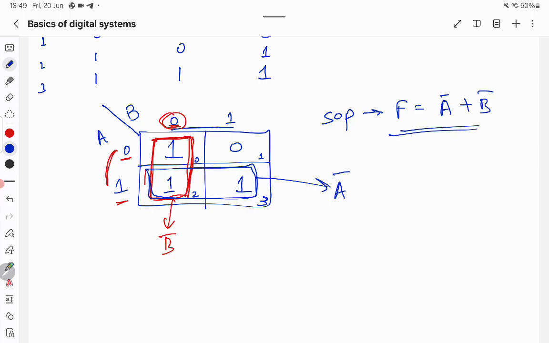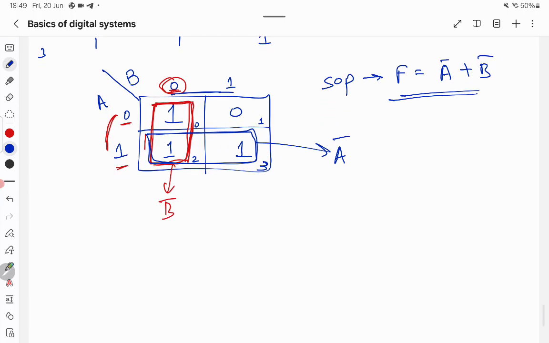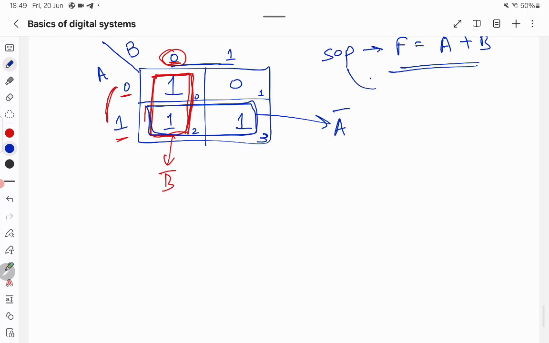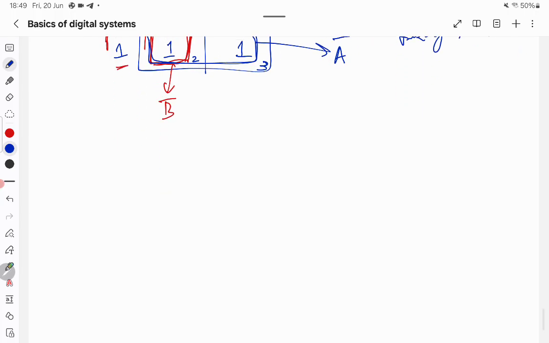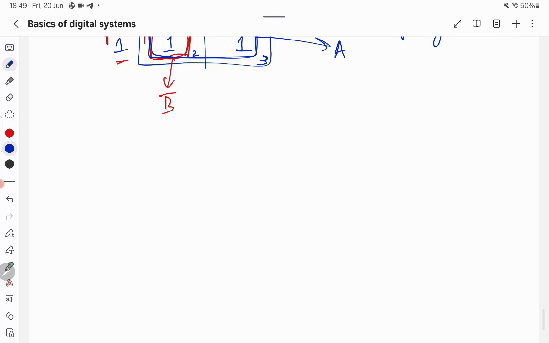This will be your answer. In the minimized form, we consider only the ones. Let's move to another example.